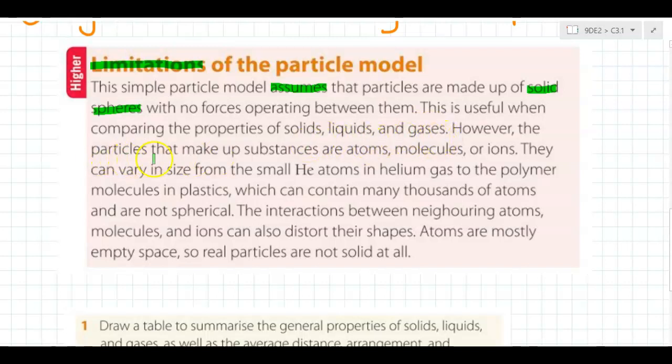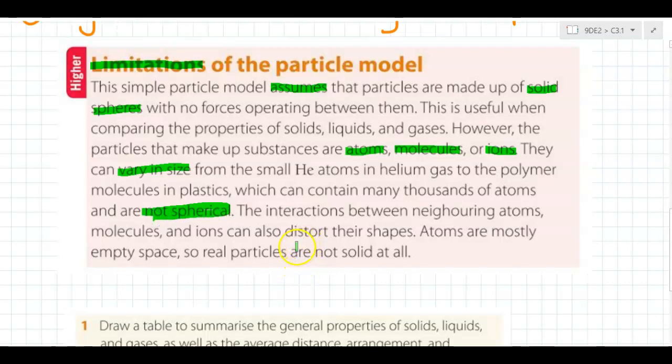But particles can be more than just atoms. They could be atoms, they could be molecules, they could be these things called ions. Okay, they vary in size, and some molecules are very, very long and big and chain-like, like we saw in our digestion topic with starch and proteins. Okay, in real life we shouldn't think of them as spherical.